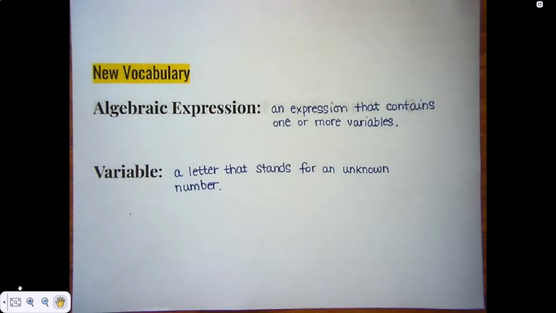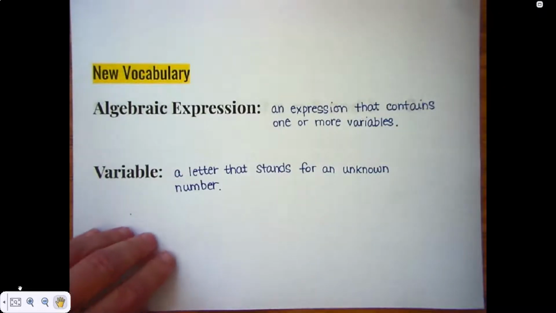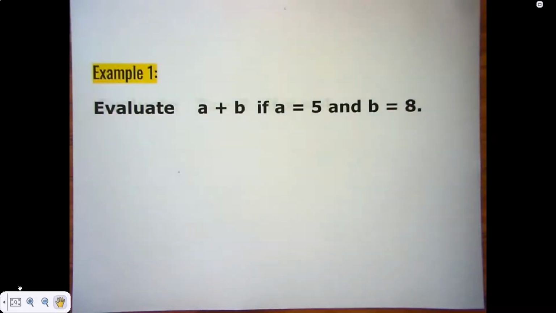So a letter in a problem that stands for an unknown number. And we spend a good deal of our time in algebra trying to figure out what number those variables stand for.